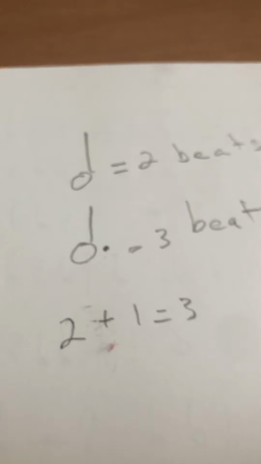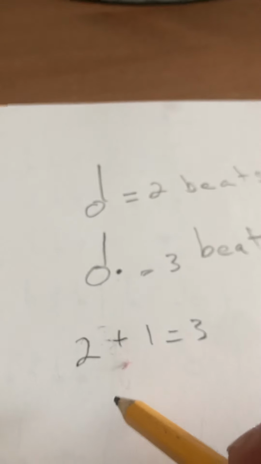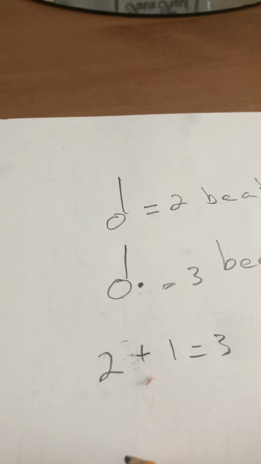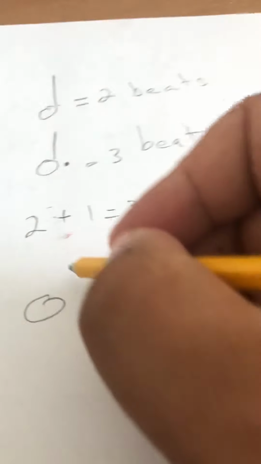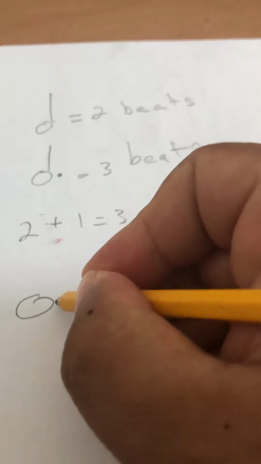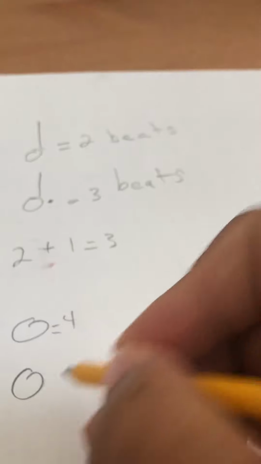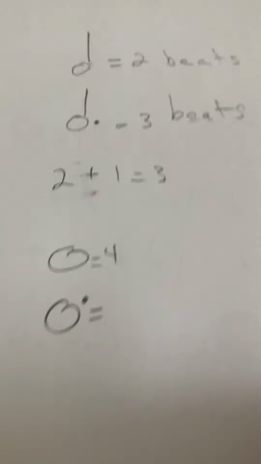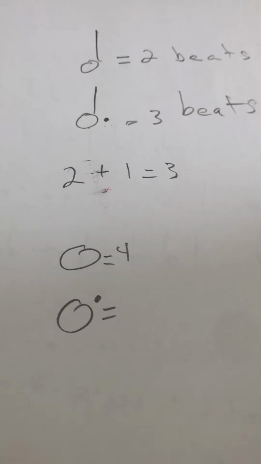Okay? All right? Now, let's say I put this dot on another type of note. Let's say I put it on a whole note. We all know that a whole note is worth 4 beats by itself. But if I put a dot on that whole note, we're adding an extra half.